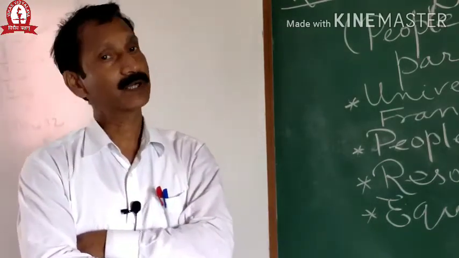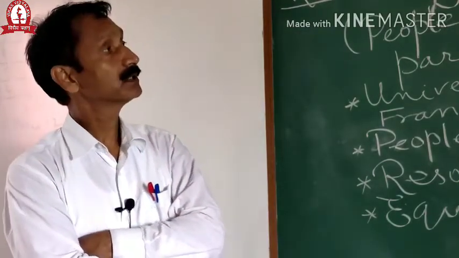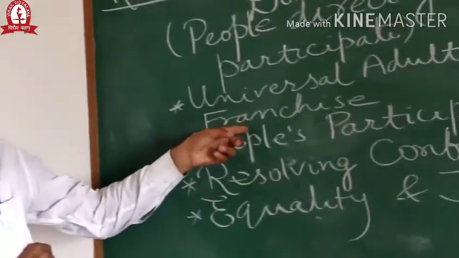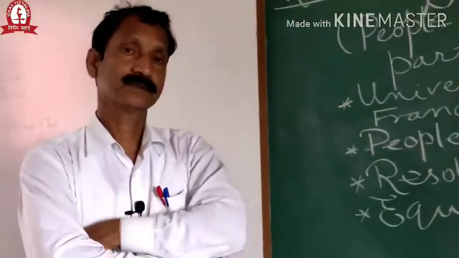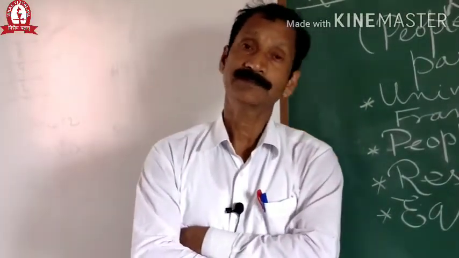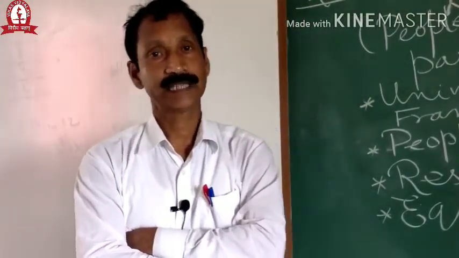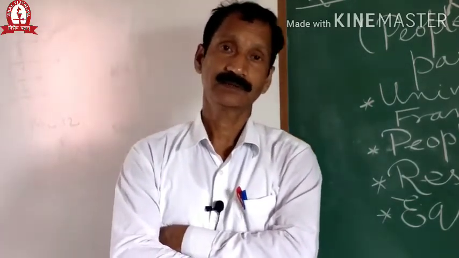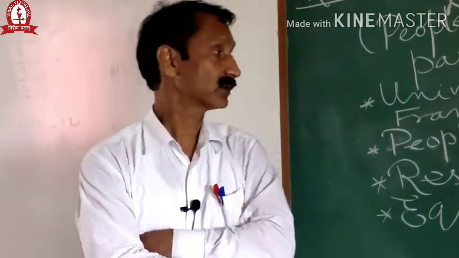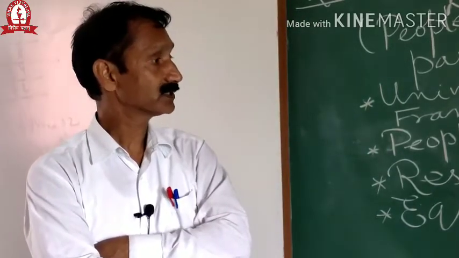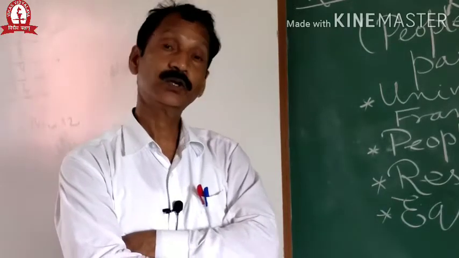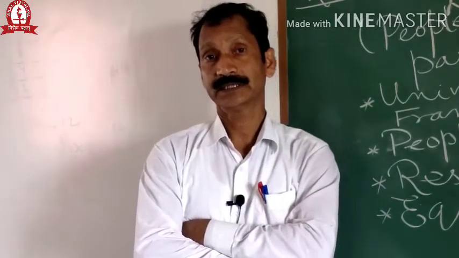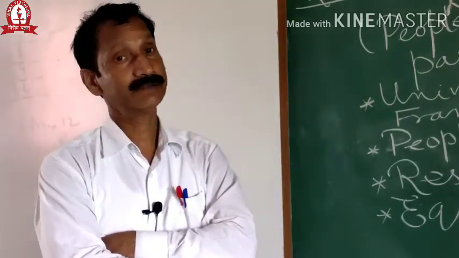Political justice we have got because the government has provided universal adult franchise to all persons, irrespective of caste, color, sex, status, race, no discrimination on the basis of these. It is political justice. Economic justice means wealth in the country, in the state should be equally divided.